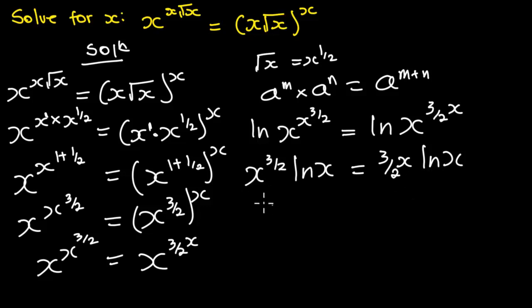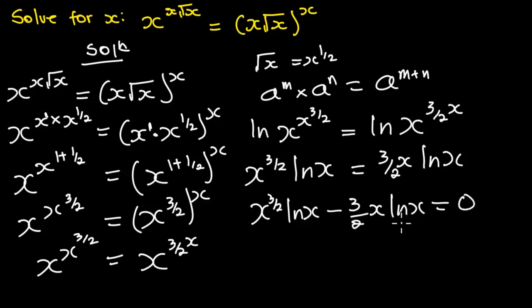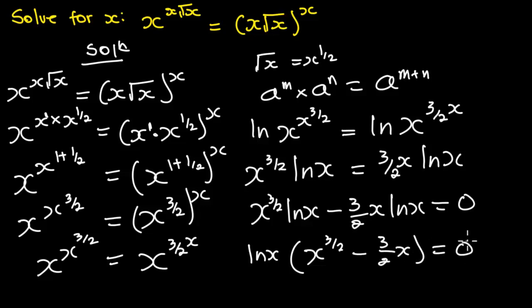So when we do that, we are going to have x to the power 3 on 2 multiplying log of x minus 3 on 2x multiplying the natural log of x is equal to 0. And from here we have natural log of x in common, so we are going to factorize that out. So we are going to have natural log of x out, and we are going to be left with x to the power 3 on 2 minus 3 on 2x, and this will be equal to 0.